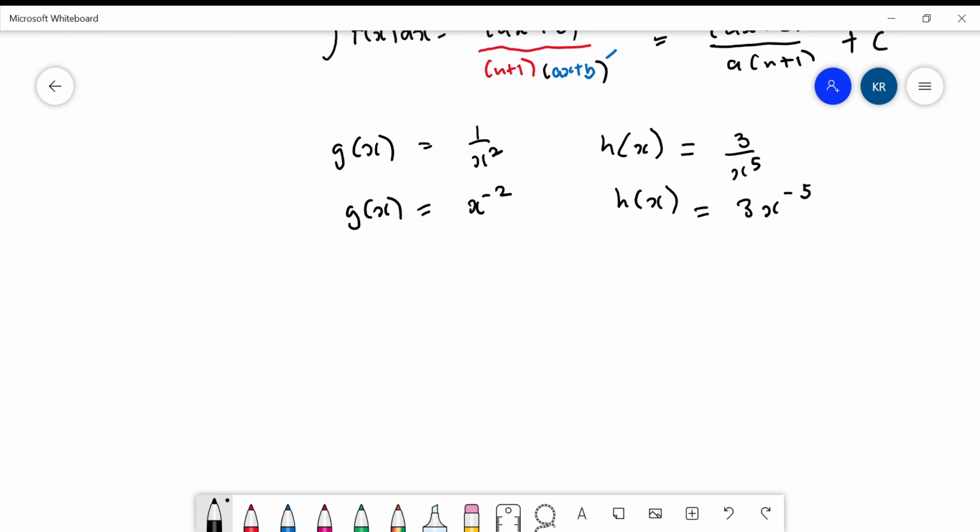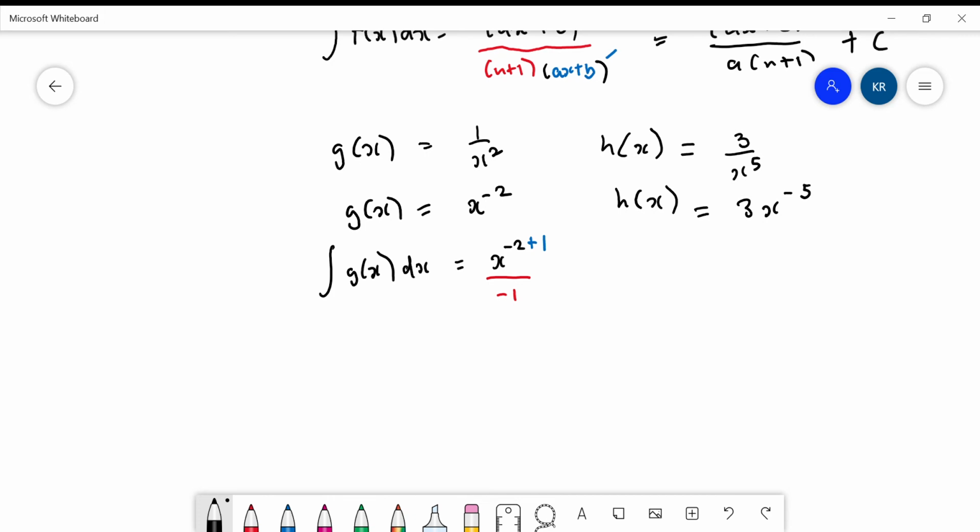So we use the same principles of integration as before. If we integrate g of x, the first thing we do is we have our x to the power of negative 2. So we add 1 to the power, and then we divide by the new power, which is minus 1.